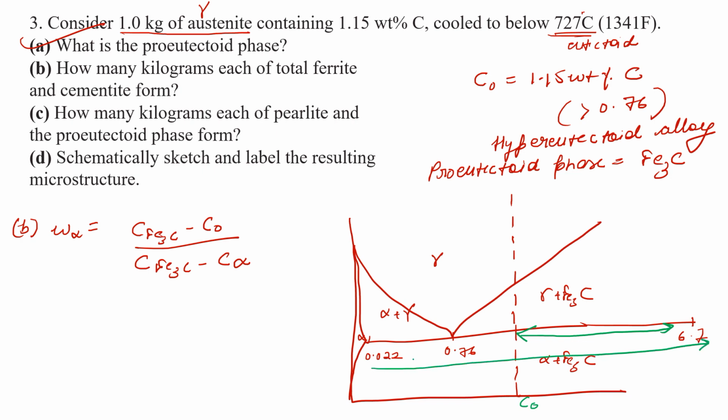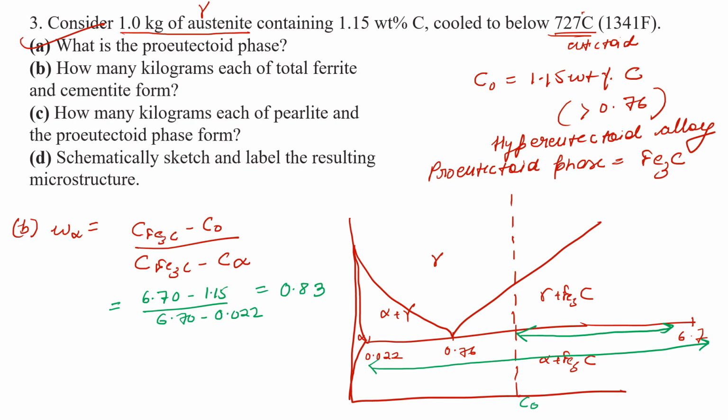That is, Fe3C is 6.7 minus C0, which is given already as 1.15, divided by 6.7 minus 0.022, and this gives me about 83% of ferrite.